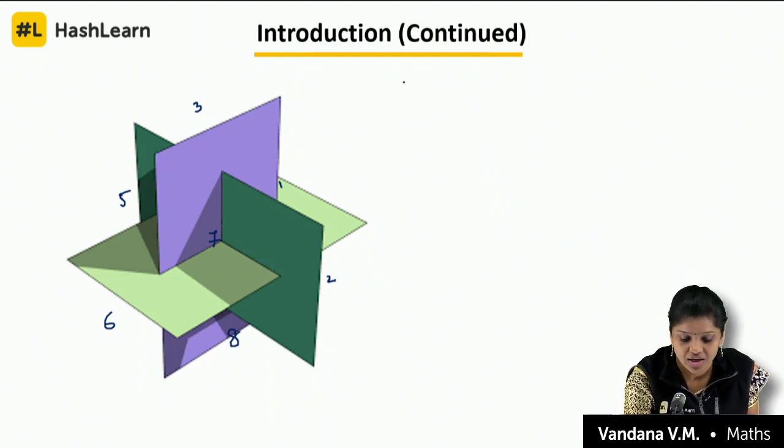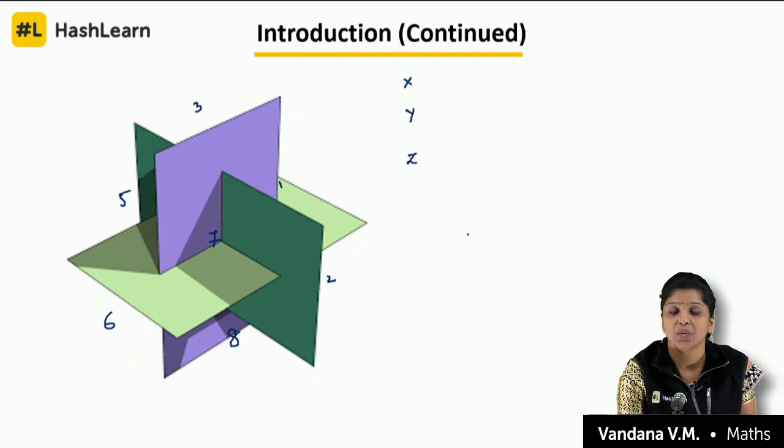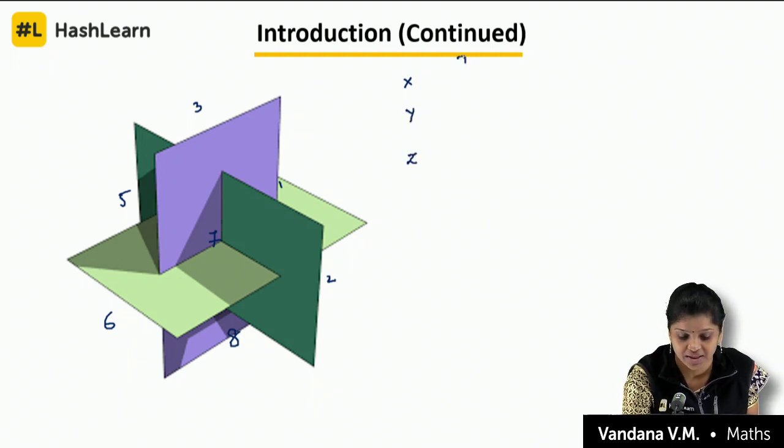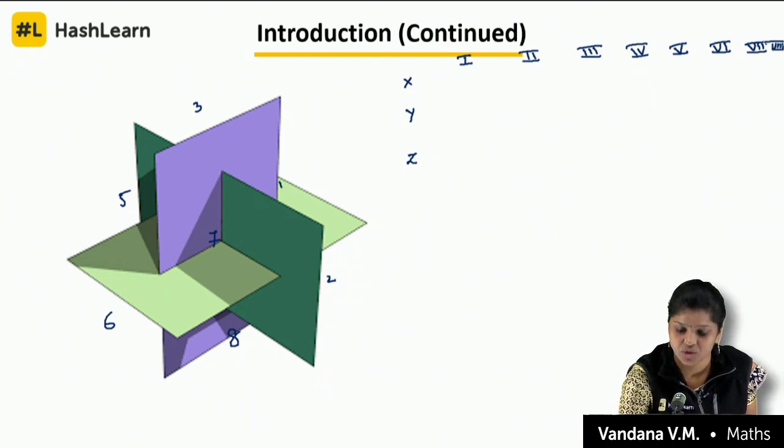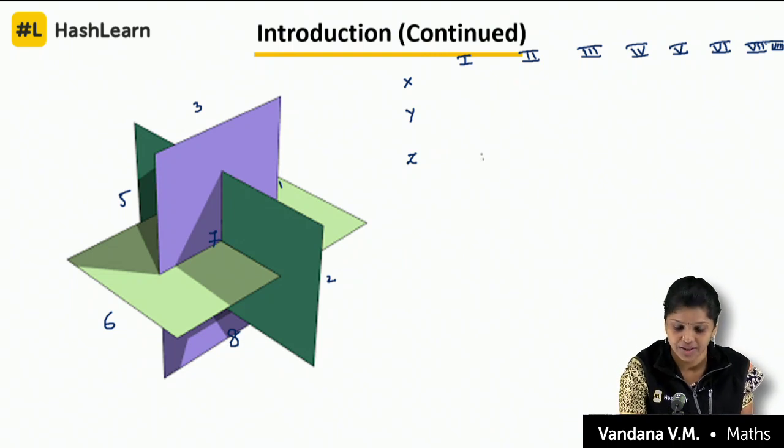Usually I will write X, Y, Z. How to remember the octants: first octant, second octant, third, fourth, fifth, sixth and seventh. The 8th also is there, right? Just imagine this is the 8th, the last one. How to remember these signs?